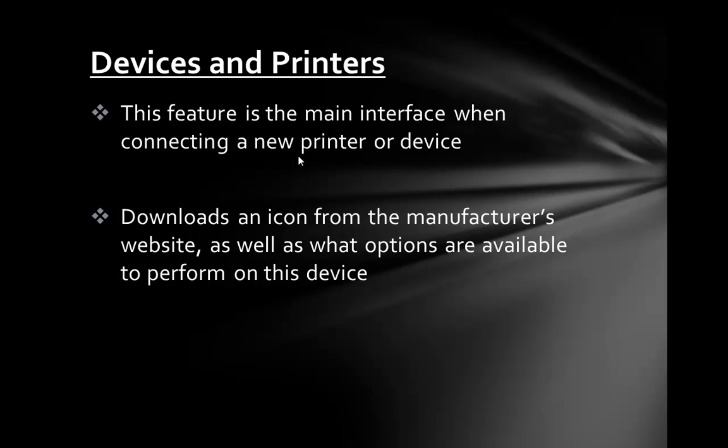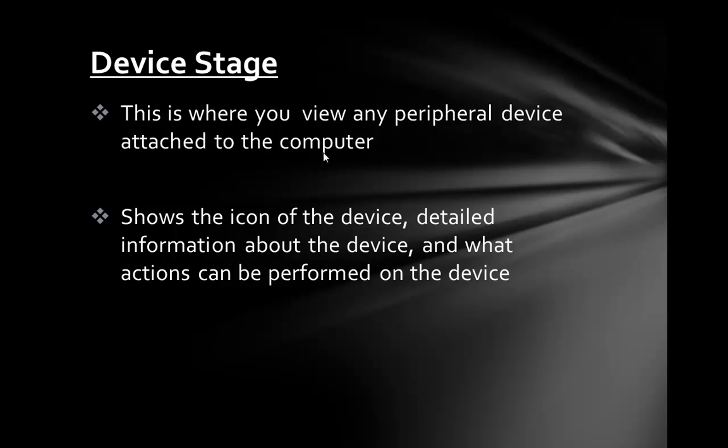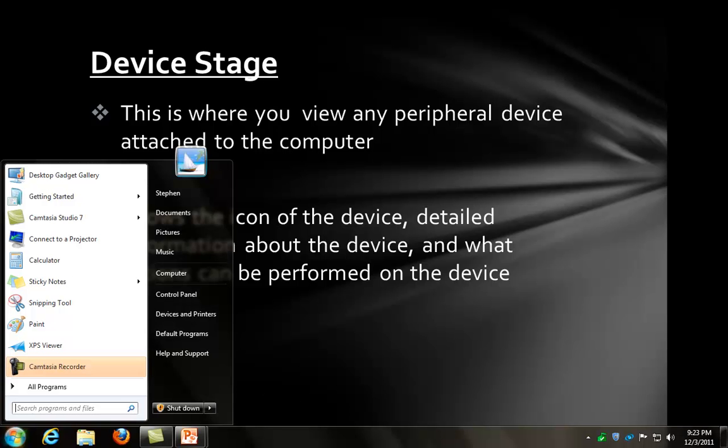This is where you will interface with that. The Device Stage, like I said, is inside of that, and this gives you a bit more information on what you can do within. Let me again show you what I mean.